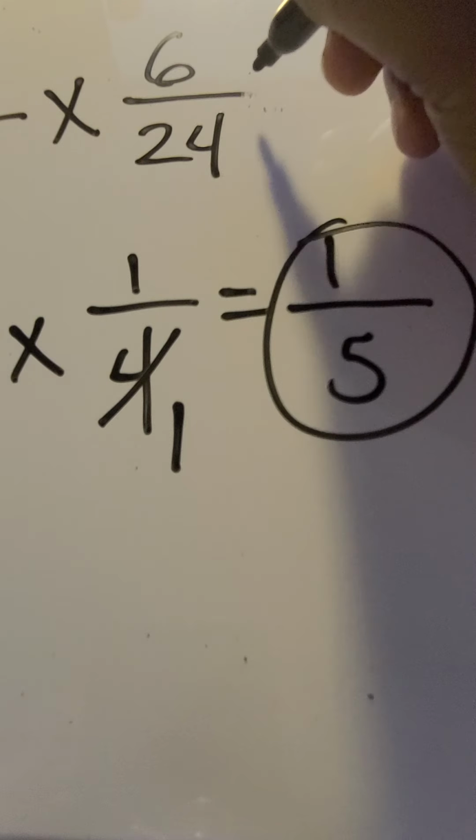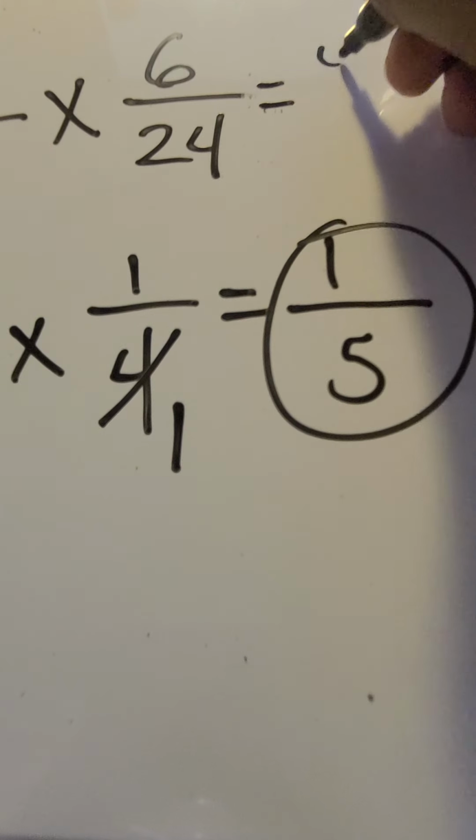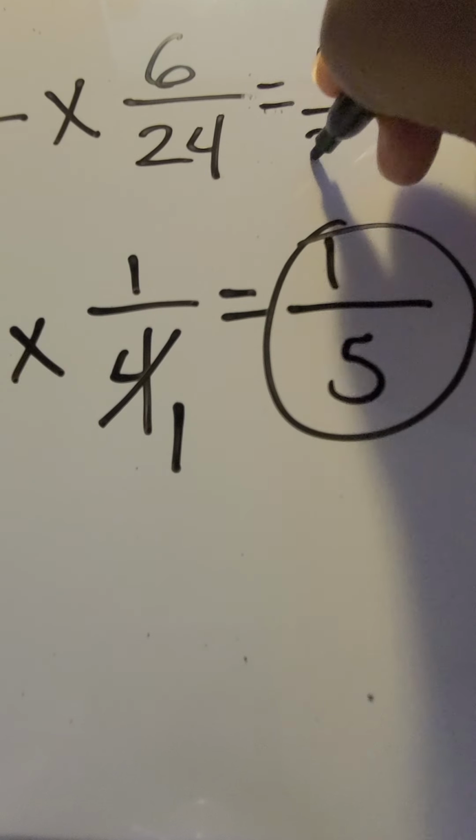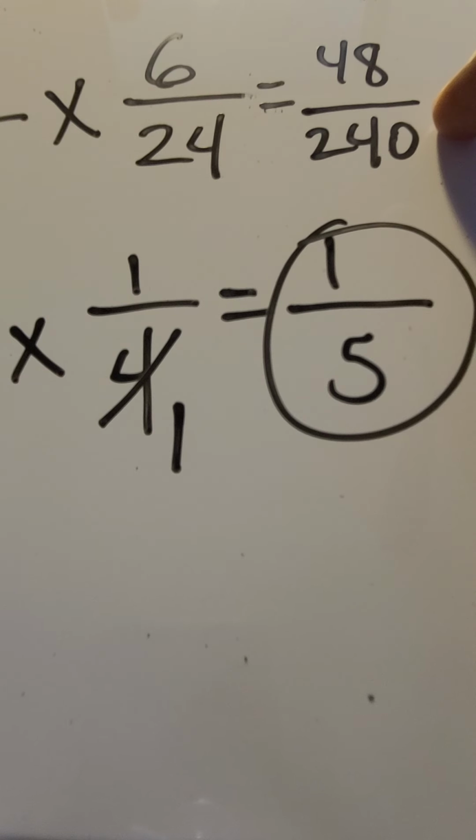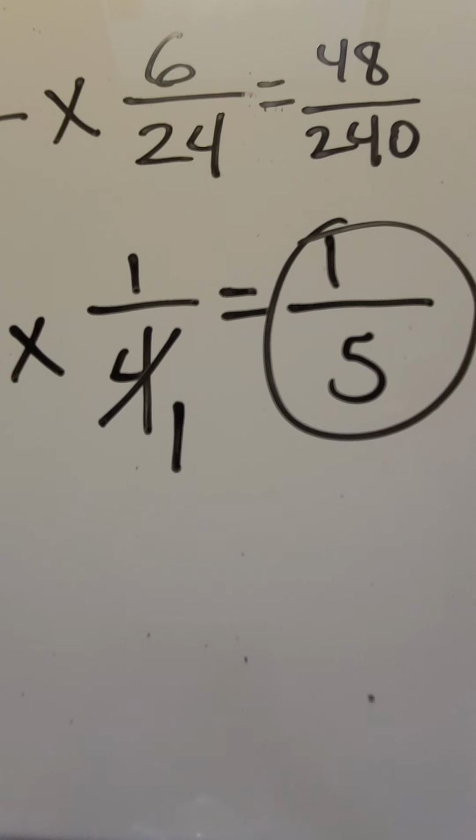Now, if we go back to the top, 6 times 8 was 48. Now, if we simply wanted to take this answer and reduce it to its simplest form, the factor we would need to use is 48 actually. 48 goes into both of these numbers evenly.